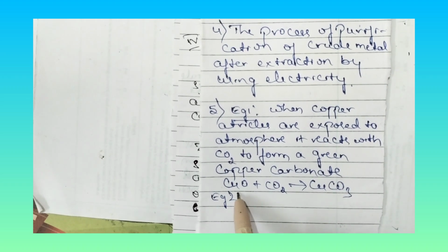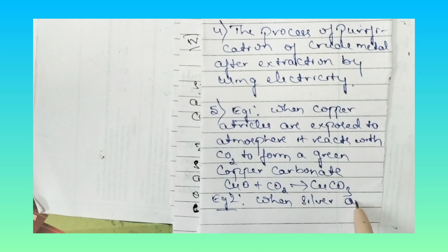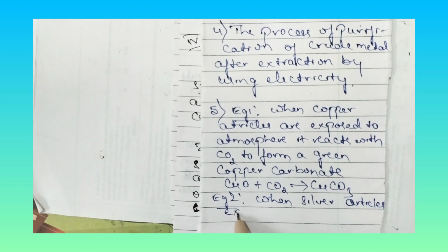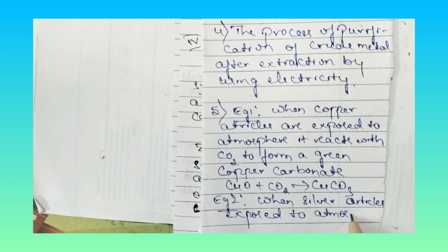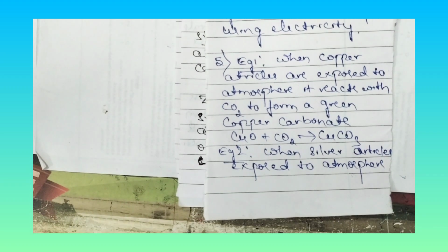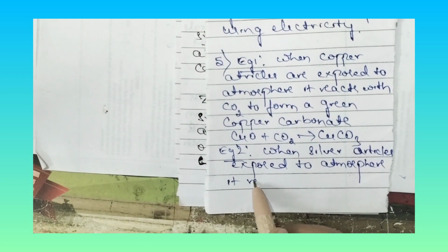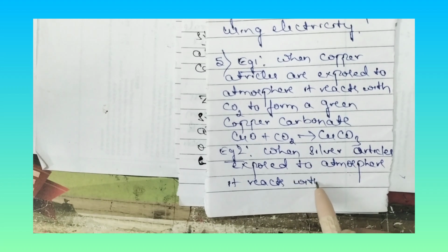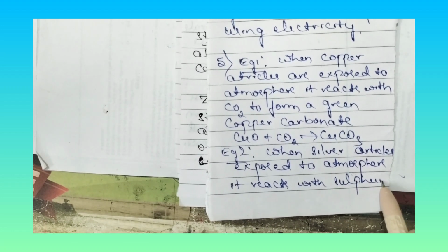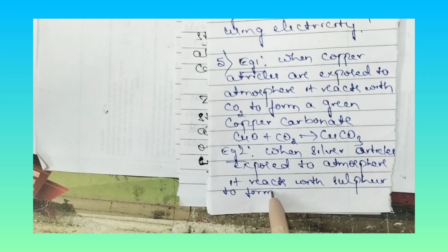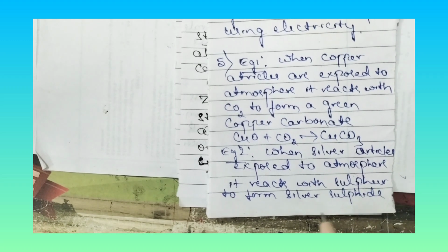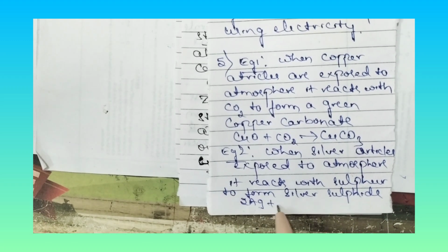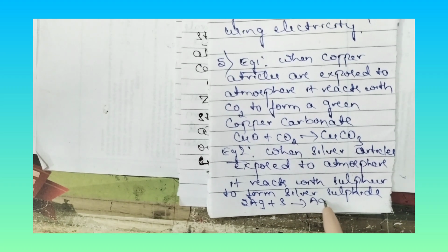Then example 2, when silver articles are exposed to atmosphere, it reacts with sulfur to form silver sulfide. 2Ag plus S give rise to Ag2S.